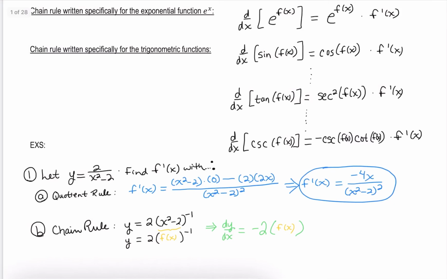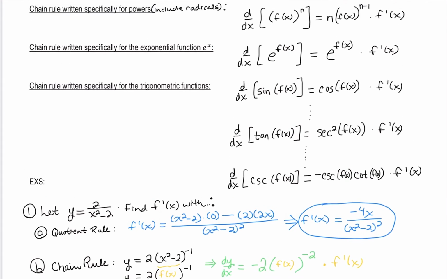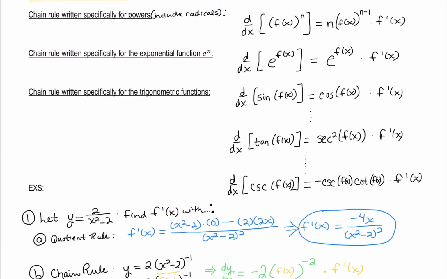I'm just going to do this initially. The inside function is left alone, and then raised to the -1 minus 1, which would be the -2. And then we're going to multiply this by the derivative of the inside. So compare that to what we have at the very top of your screen there. That's what the power rule looks like with chain rule.